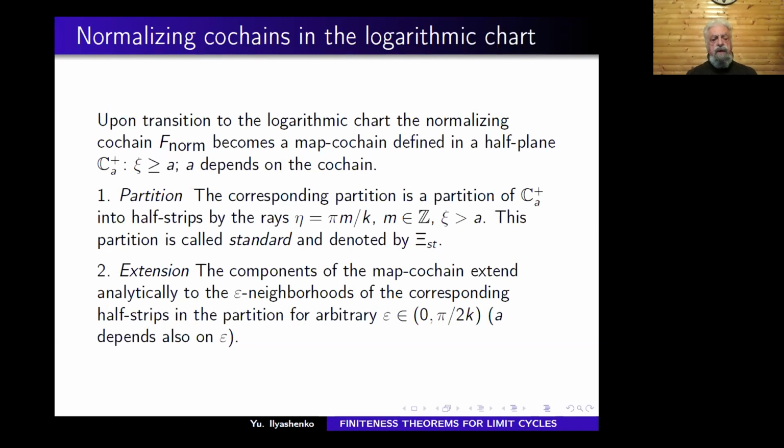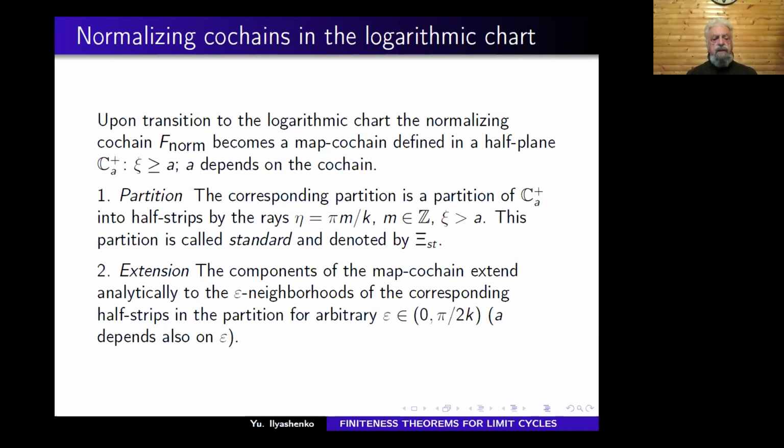So in our case, k was equal to 1, and now it may be arbitrary. So the strips of the partition have the width pi over k.